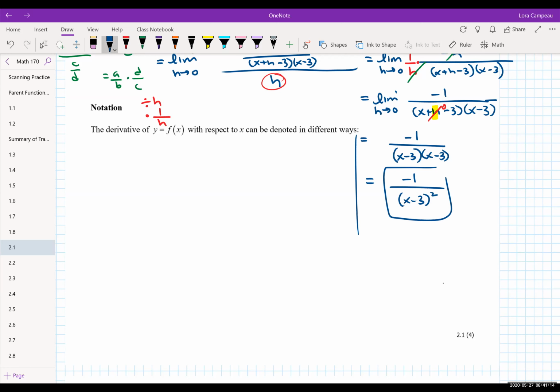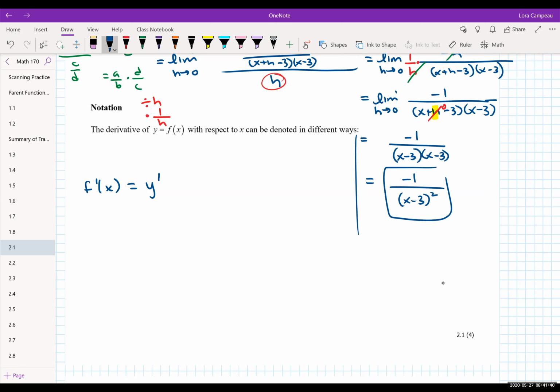A lot of times you see this notation first. We have f prime x. If I'm not mistaken, this might have been Newton's way to do this, using f prime x, or sometimes if we know that y is equal to f of x, it's the same thing as saying y prime.